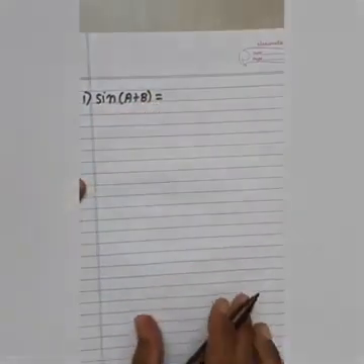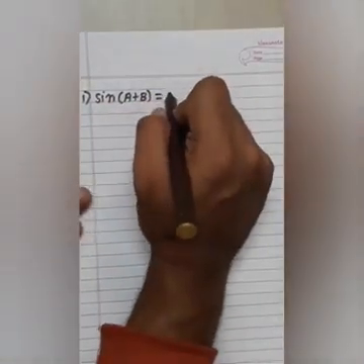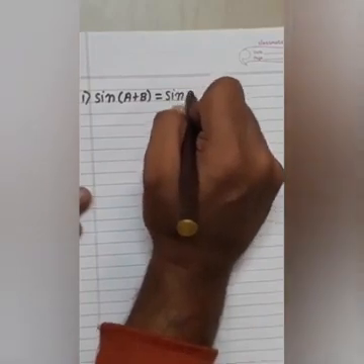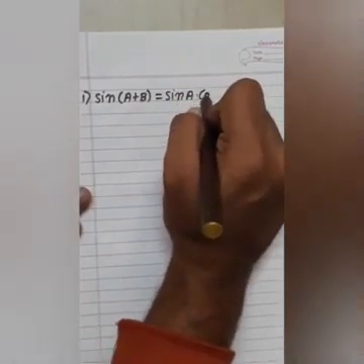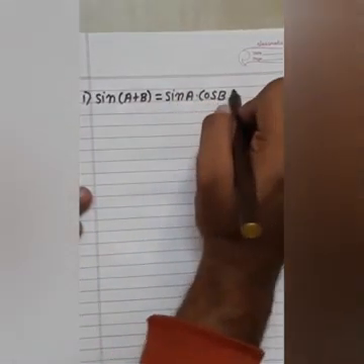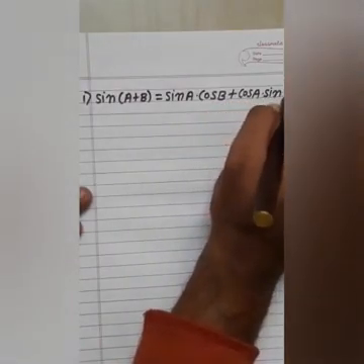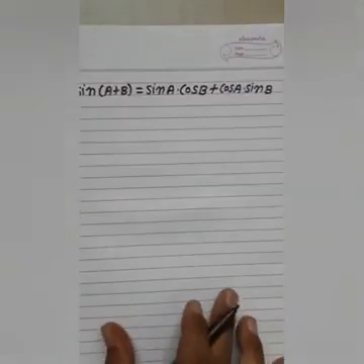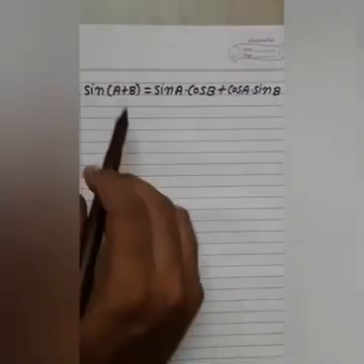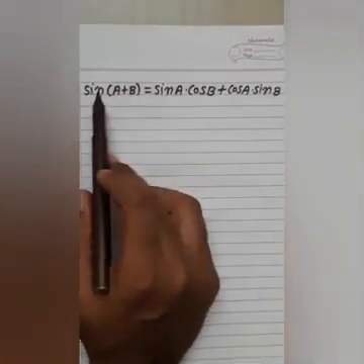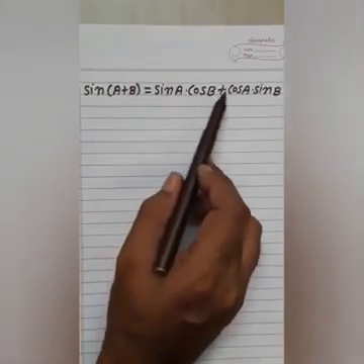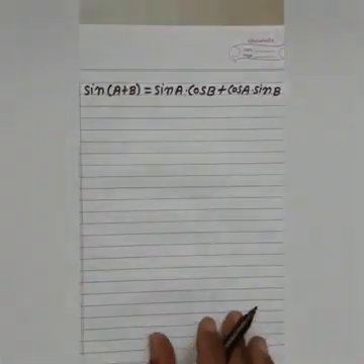So sin a plus b is equal to sin a into cos b plus cos a into sin b.